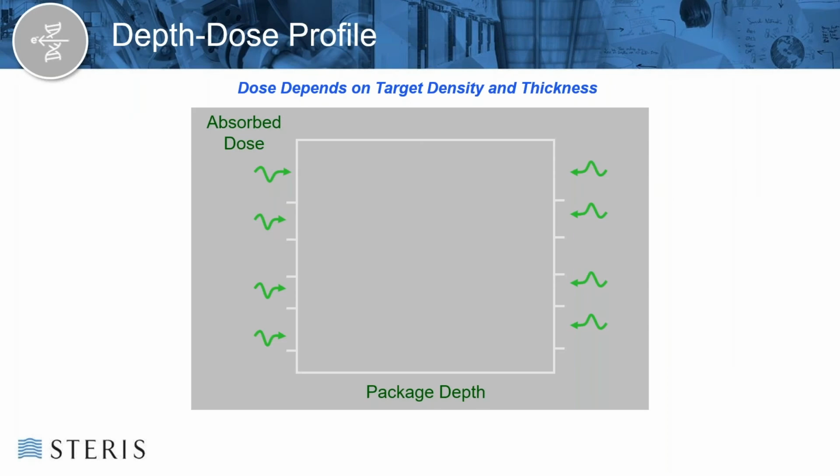Now, I talked about two-sided processes. Here's the diagram to give you an idea of what that might do. Here we have our theoretical carton of product. We're going to hit it on both sides with radiation or electrons. Those are our little green squiggles there on the left and right sides.